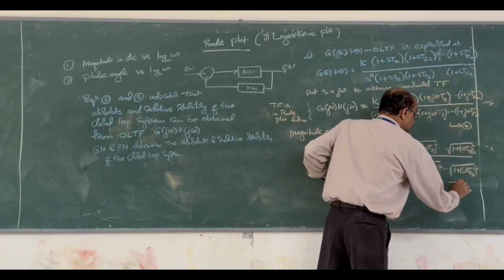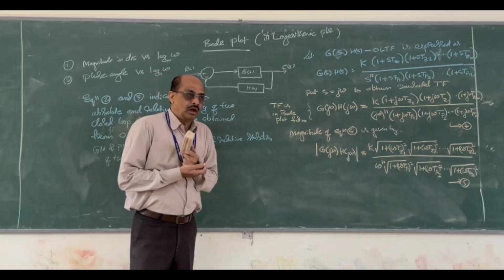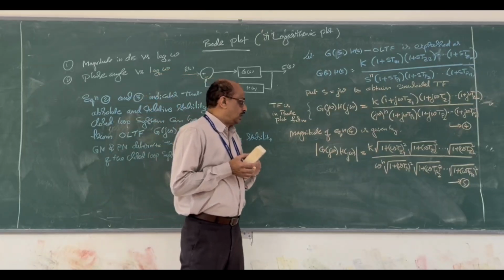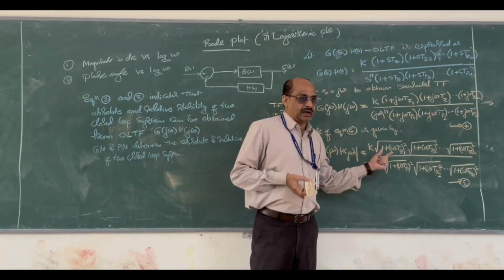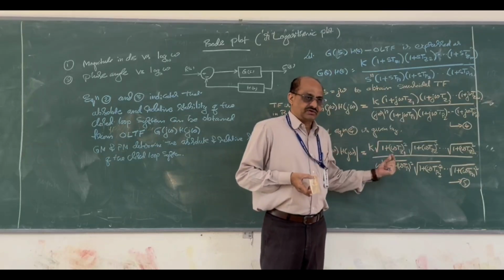Let me call this equation 5. It's very simple now. Equation 5 gives you the magnitude, which is a function of omega.